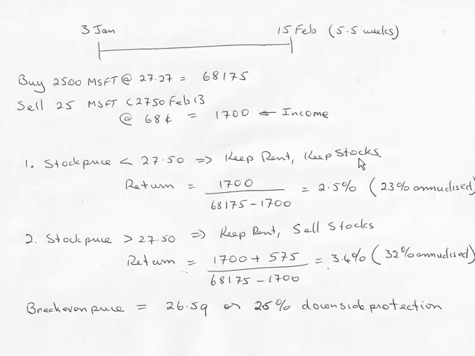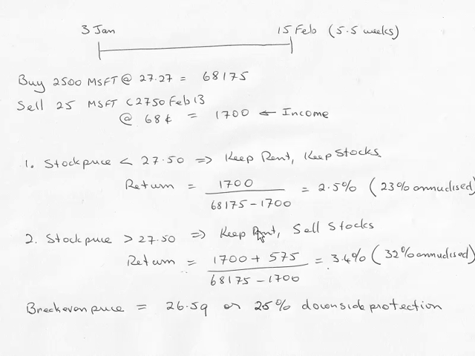So nothing further happens. In that case, the return is the $1,700 rental income divided by the price of the stock minus our rental income, to give us our effective return of 2.5% for a period of 5.5 weeks. And if you annualize that, that's a 23% annualized return.